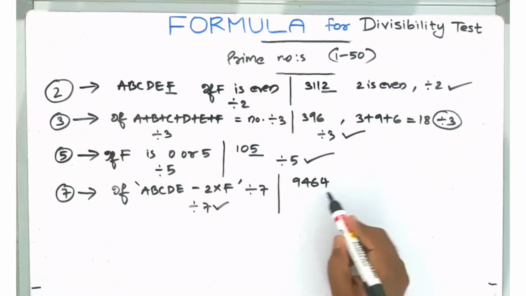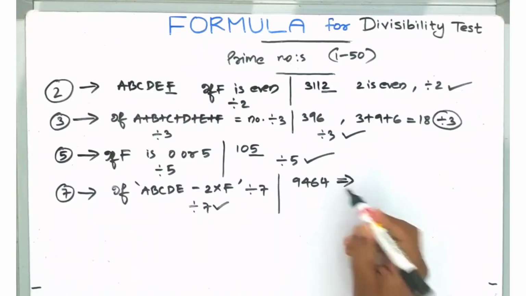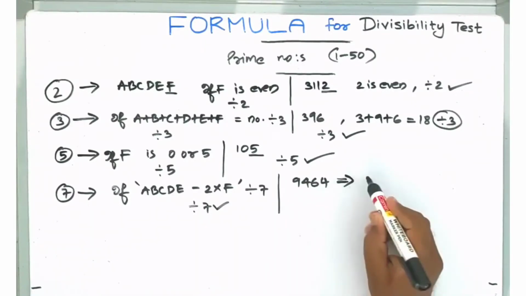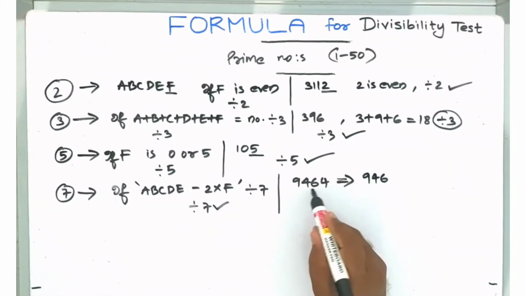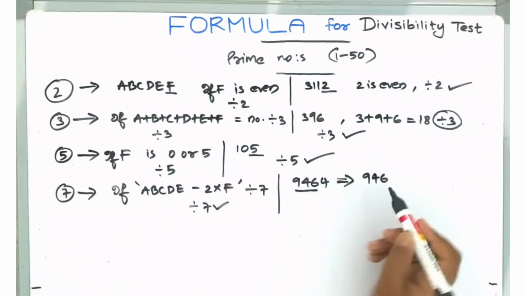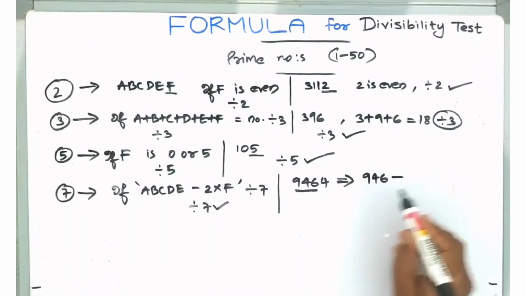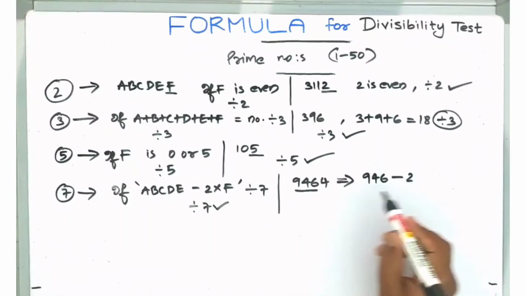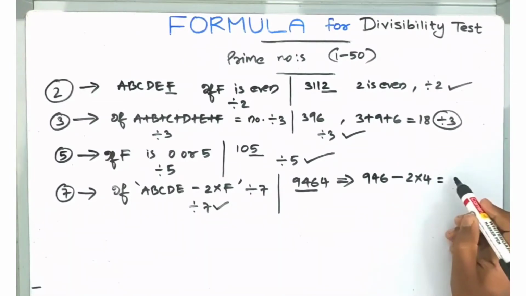Example, 9464 is our number. We have to check whether this number is divisible by 7 or not. Apply the rule. The last digit is 4 and the rest of the digits make a 3-digit number, 946. So 946 minus 2 times the last digit 4 will be 938.